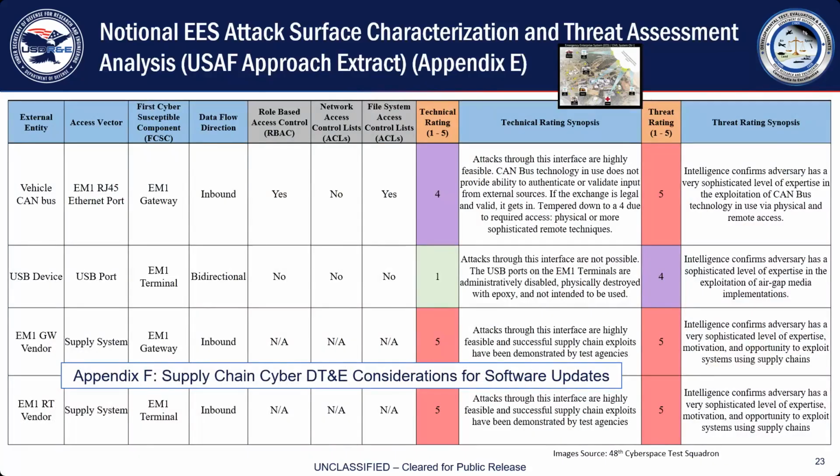So here we have a technical feasibility score, technical rating column, where a 1 is not feasible and a 5 is very feasible for that technical attack, and a threat rating of the ability to target that particular attack surface, with 1 being no threat capability and a 5 being a confirmed threat capability. Together, these inform the likelihood of the attack surface risk.